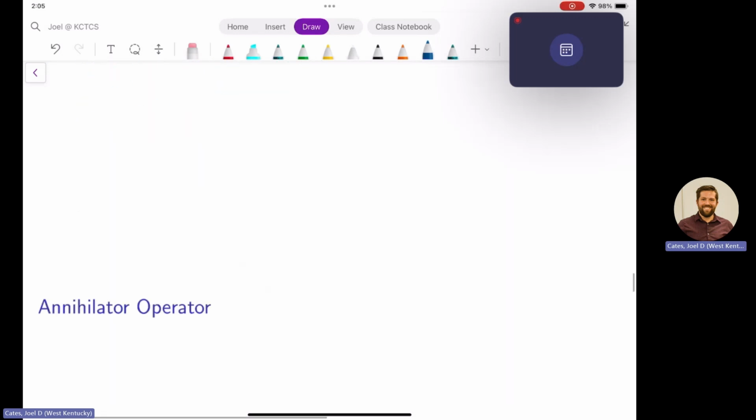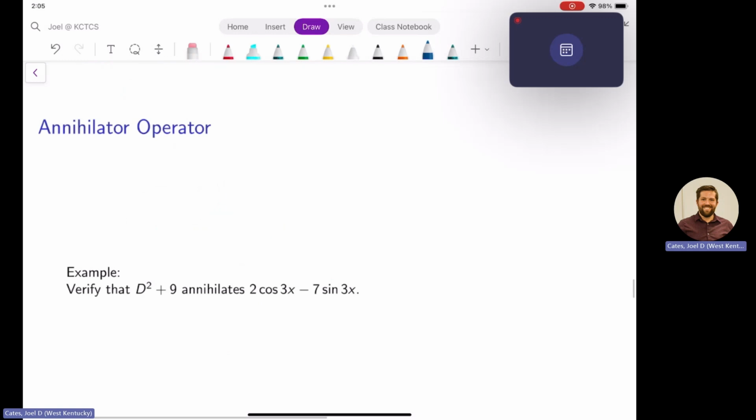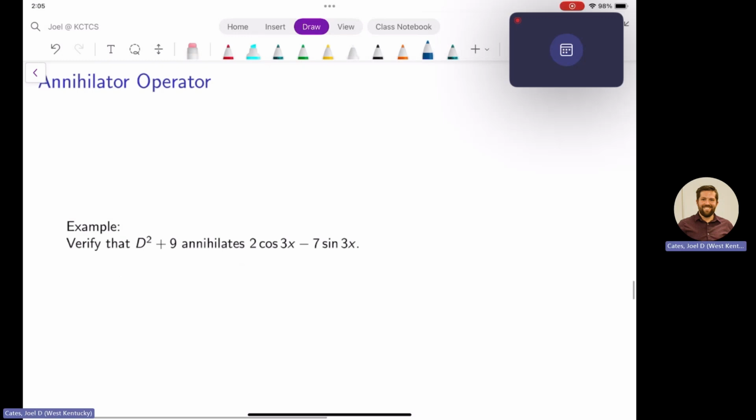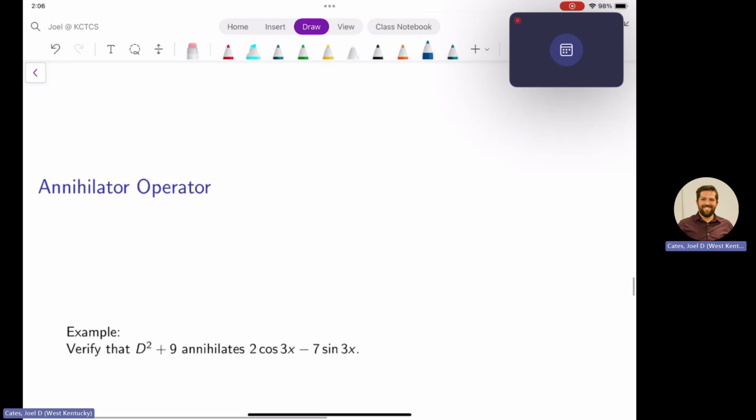Now let's verify that a proposed annihilator does indeed annihilate an expression. So let's take a moment to look at what goes on with D squared plus 9 with 2 cosine of 3x minus 7 cosine of 3x. If I think about the derivatives of cosine of 3x, so let's just go there.